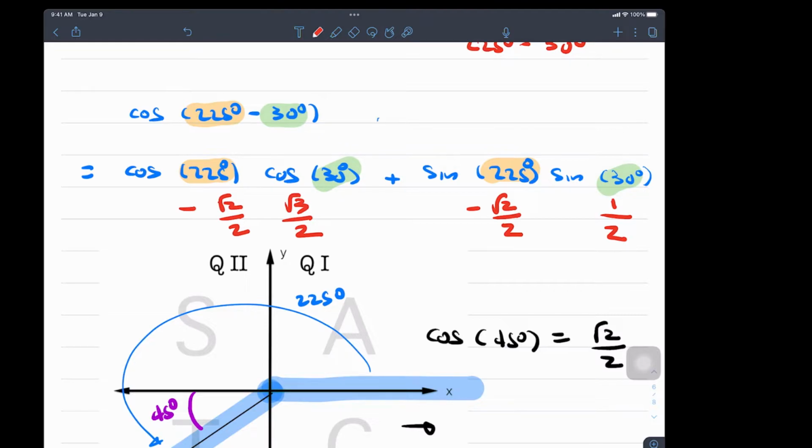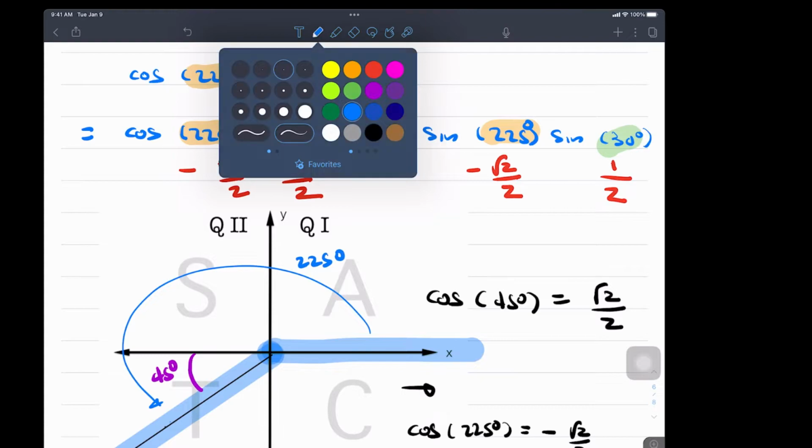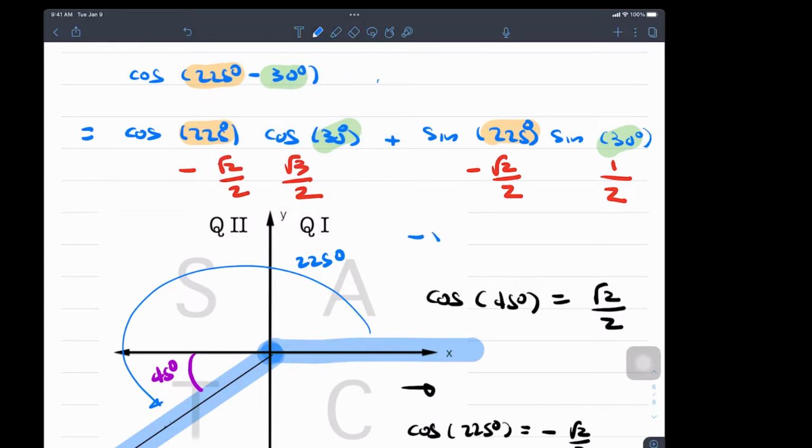Is that right? You guys okay with that? So what do you get now? Minus square root of 6 over 4 minus what? Square root of 2 over 4.